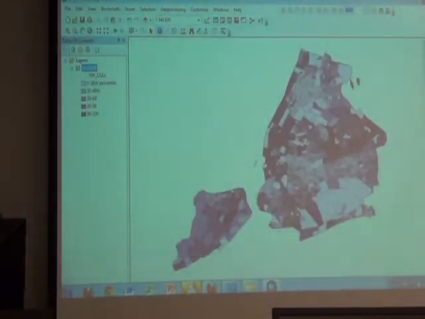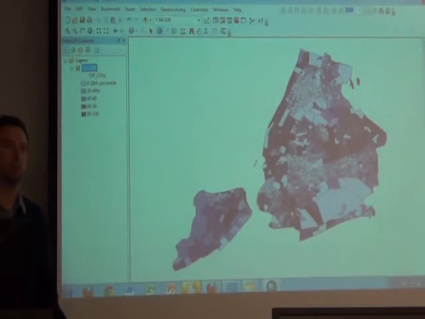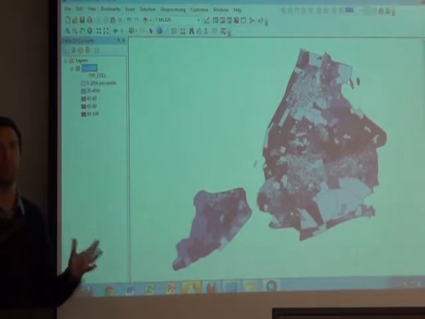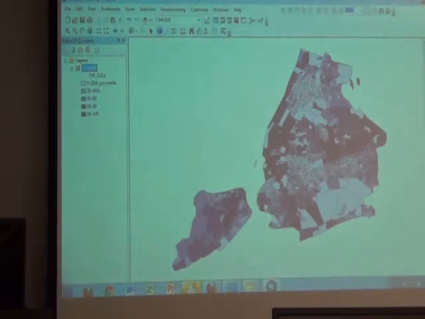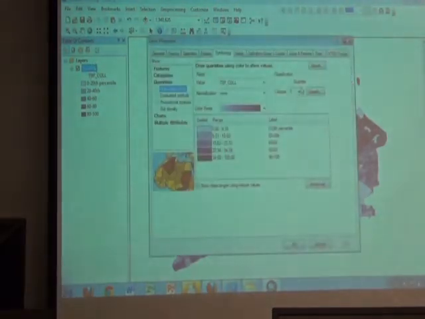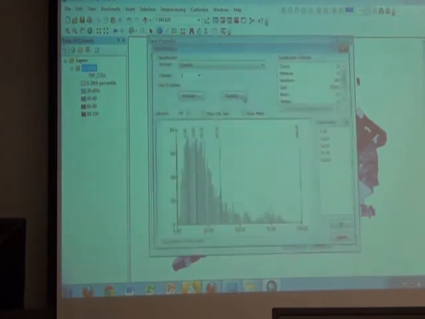Okay, now does that make sense? Probably not to a lay audience, right? But maybe more to a statistical audience. So we'll go back to equal interval.